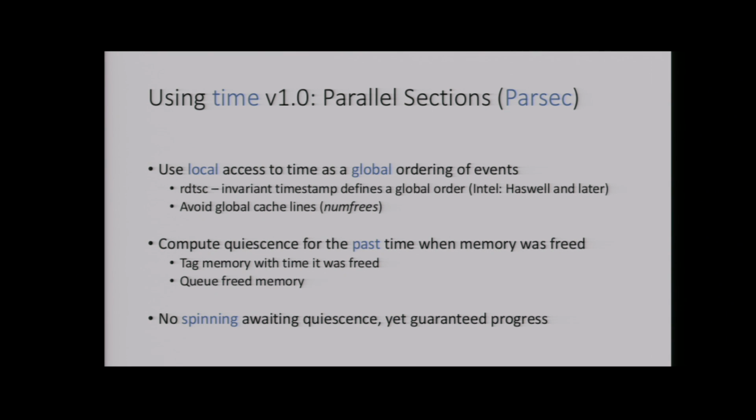There are two main observations that we make. The first is that we have invariant TSCs on modern Intel processors. Invariant TSCs simply state that you can take a timestamp on one core, and that timestamp compared to a timestamp on another core, they're directly relatable. You can basically apply less len on them and determine which event happened before the other event, modulo some uncertainty.